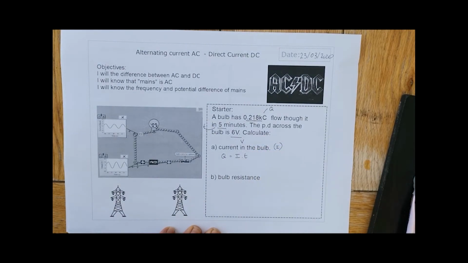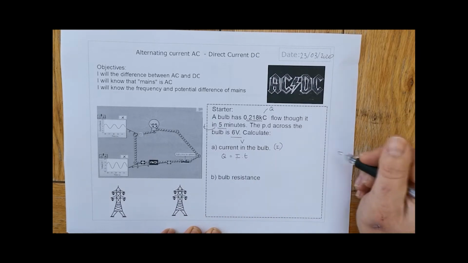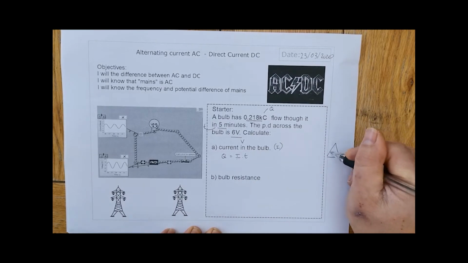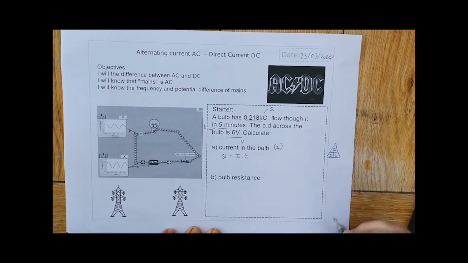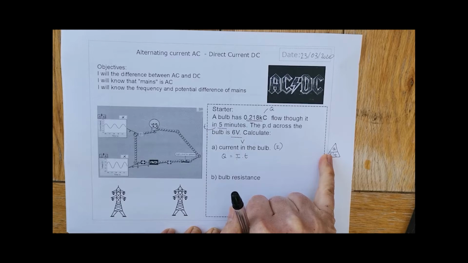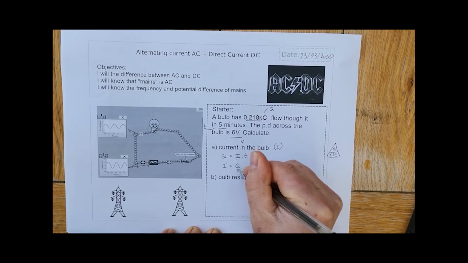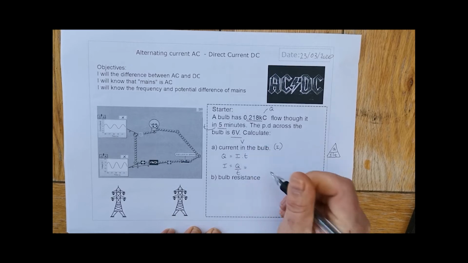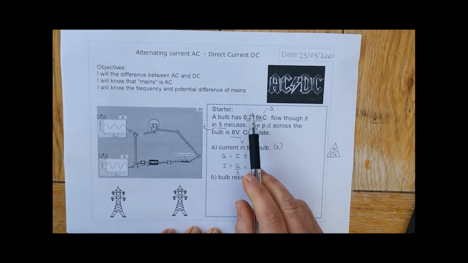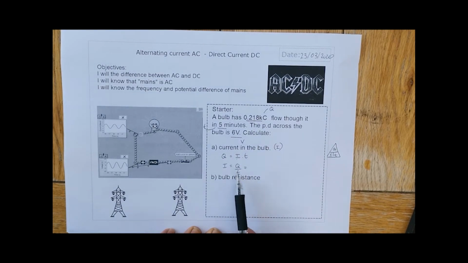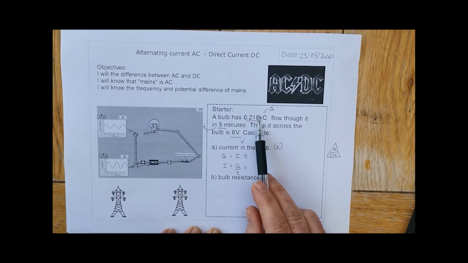That's not the format we're going to use though to solve it because we're trying to find I. So over here at the side, Q equals IT. We're trying to find I. So I equals Q over T. Now 0.218 kilocoulombs, that's 218, that means 1,000.